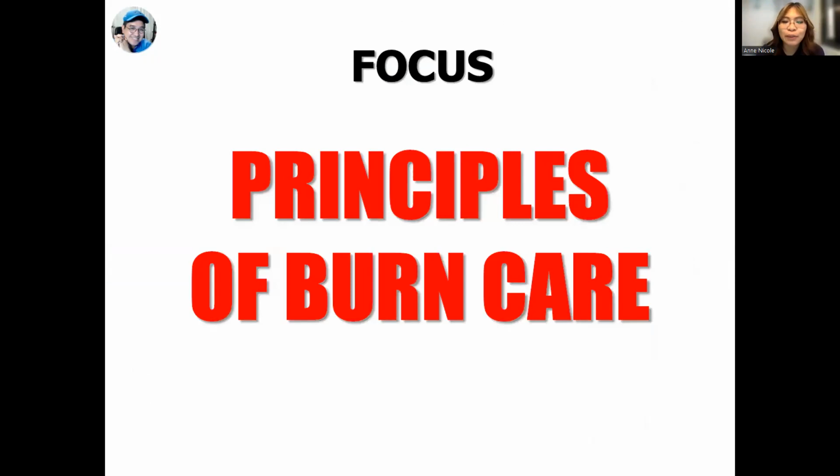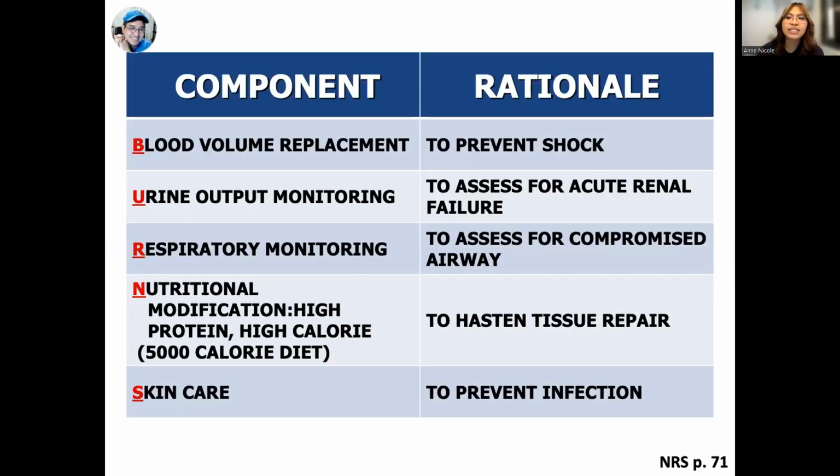Next, with your principles of burn care, your burns, blood volume replacement is essential in order for us to prevent shock because with your patients who encounter burns, there would be fluid loss. Urine output monitoring is done to assess for acute renal failure since there is an imbalance of fluids inside the body.